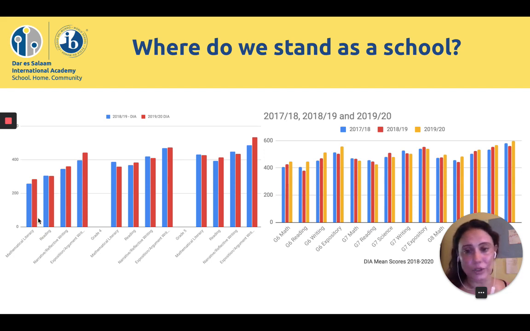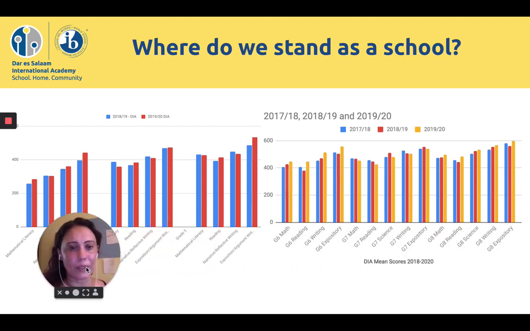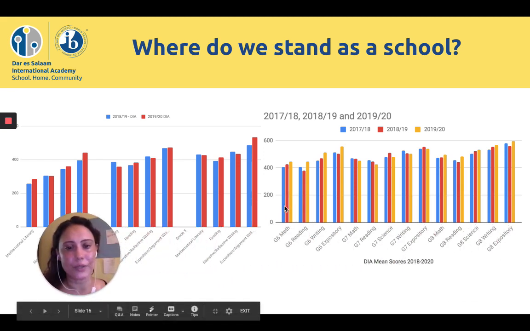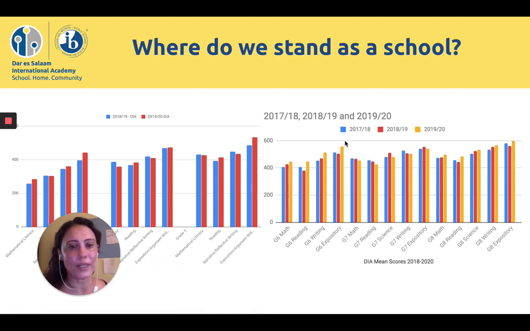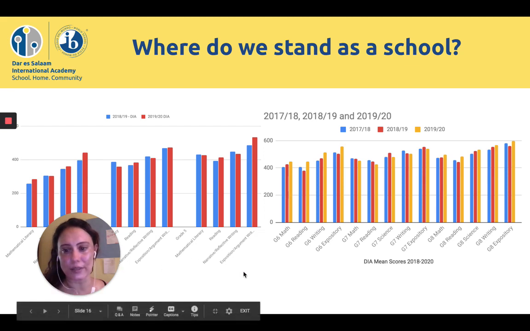So last year was this blue line that you see here, and this year we have the red bars, and you can see some development in certain areas. Secondary was very similar. I see that they've tracked 3 years here, so 2017 as compared to the yellow bars in 2019 and 20. So you can see some significant growth with our results as we sit as a school.